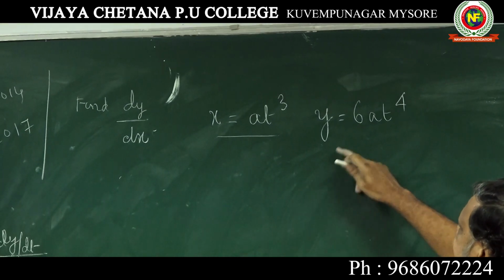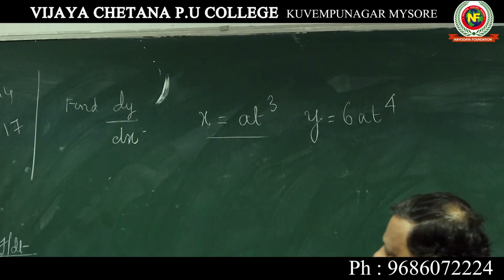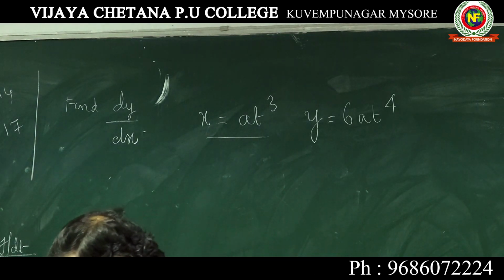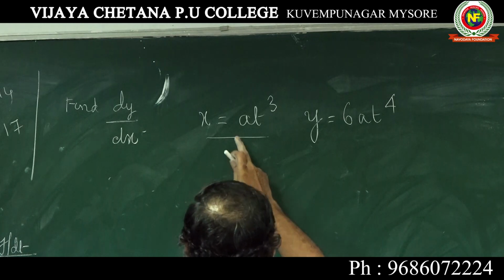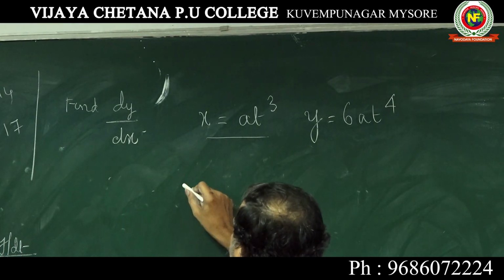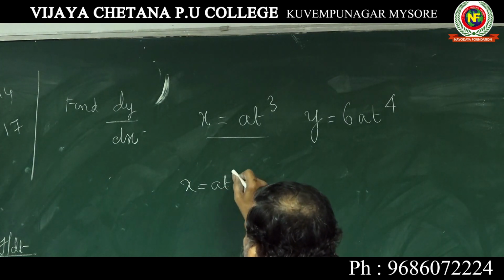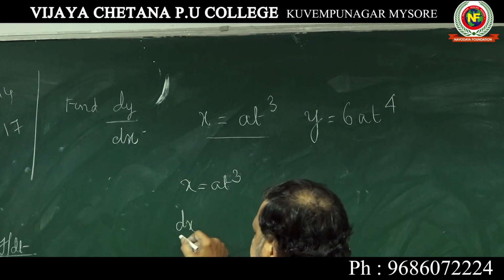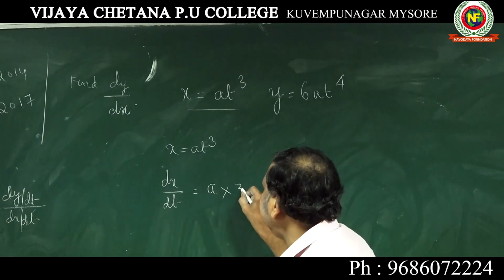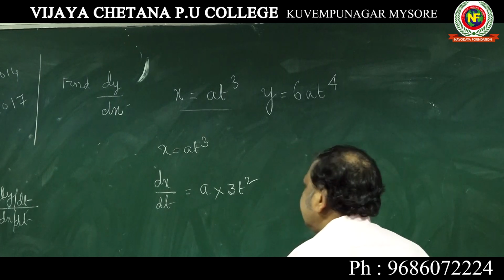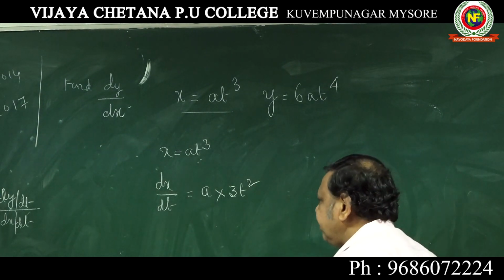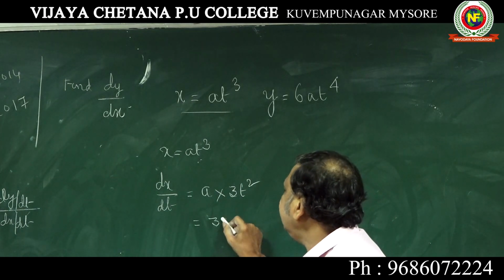Find out dx by dt, find out dy by dt, then use the formula dy by dx equal to dy by dt by dx by dt. Now x equal to a t cube, differentiate with respect to t. I will take it separately, dx by dt: a is a constant, write that, 3t square, because n x to the power of n minus 1, 3 into t to the power of 3 minus 1, 3t square, or it is 3at square.